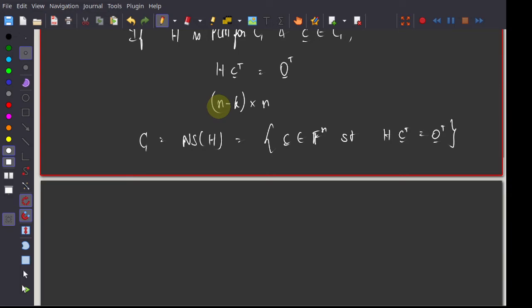N minus rank is also what? Does this result have a name? This is the rank nullity theorem.